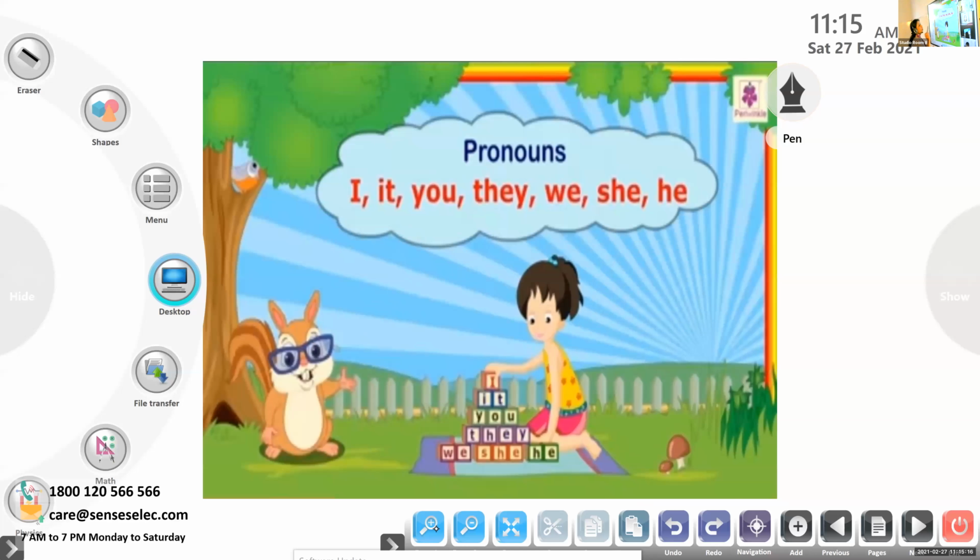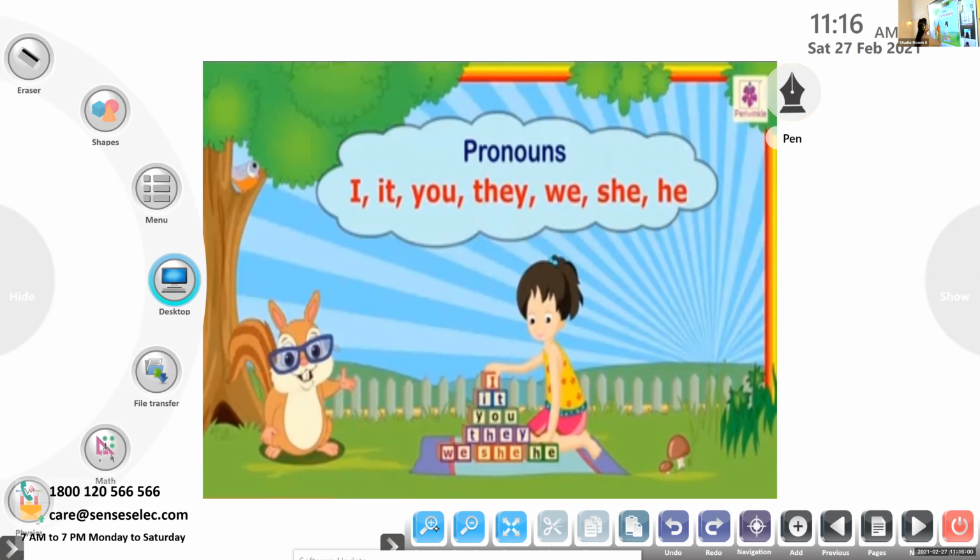So, these are the common pronouns. There are 7 common pronouns.